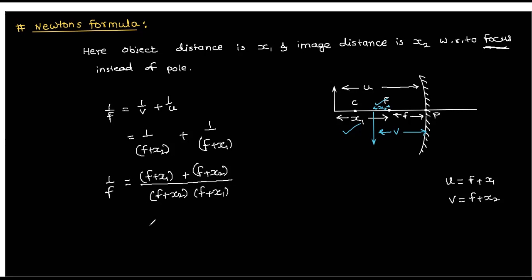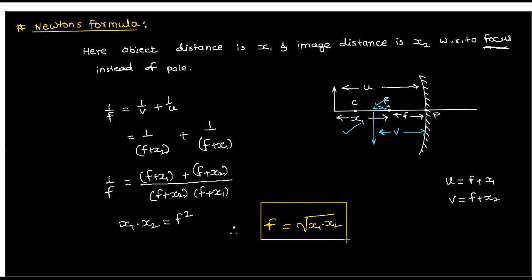If we solve this, we will get x1 into x2 is equal to f square, and therefore f is equal to under root of x1 into x2.